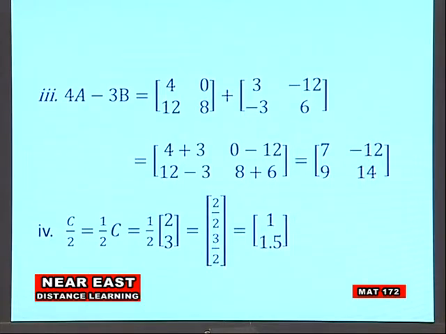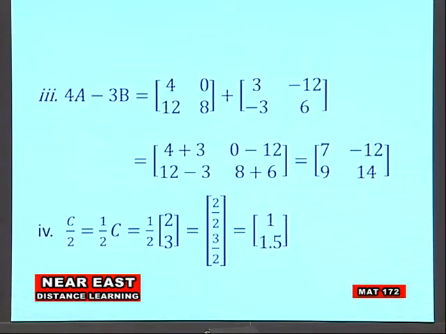So 4A minus 3B is 4, 0, 12, 8, which is our 4A, plus the other matrix, minus 3B. So you have 4 plus 3, 7. 0 minus 12 is minus 12, and 12 minus 3 is 9. 8 plus 6 is 14. So this is 4A minus 3B.